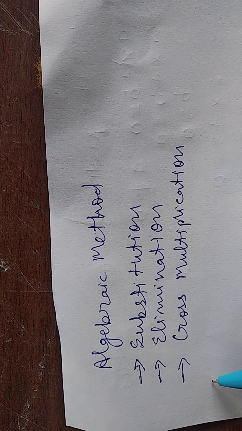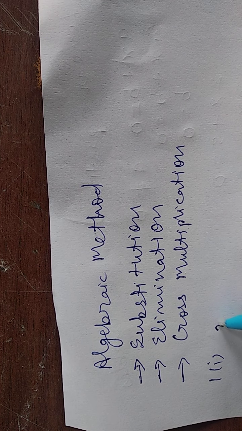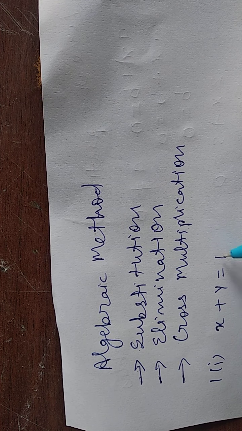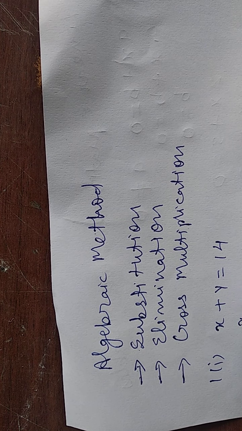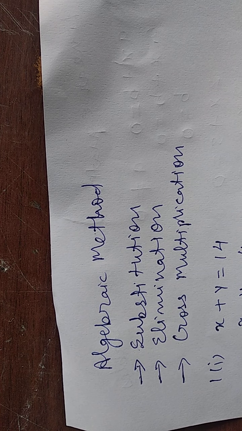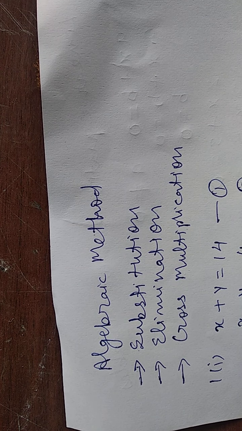Question number 1. Solve the following pair of linear equations by substitution method. First question is x plus y is equal to 14, x minus y is equal to 4. Here two equations are given, equation 1 and equation 2.